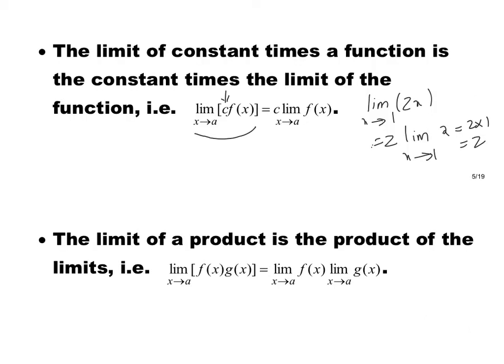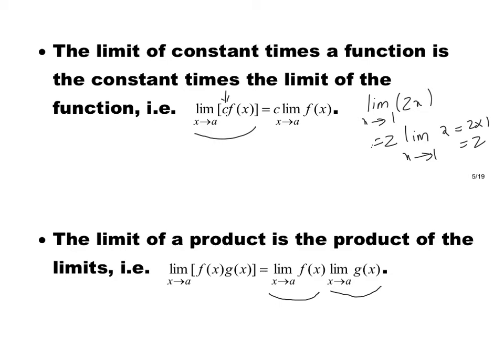The next property says the limit of the product of two functions f of x and g of x is the same as the limit of the first function f of x times the limit of the second function g of x. This is the product rule of limits.